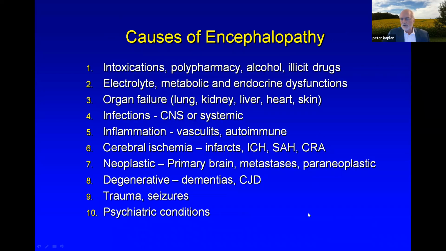The causes, and this is based on my work at Bayview, largely are the first 4 ones here, and the rest, 5 through 10, are less frequent, although encountered regularly on an annual basis. The ones most commonly seen are the polypharmacy from either the medication burden that the patient is on, particularly if they're elderly, or intoxications that may be illicit.